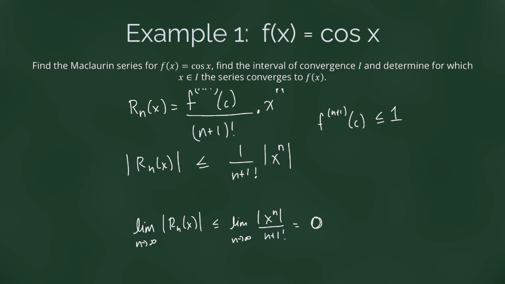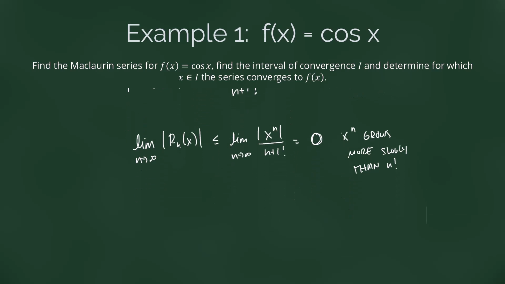We know that x to the n grows more slowly, as we've seen in a previous theorem, than n factorial, which means that that limit is equal to 0, which means then that for all x belonging to our interval negative infinity to infinity, the cosine of x is exactly equal to the sum from n equals 0 to infinity of negative 1 to the n times x to the 2n all over 2n factorial.